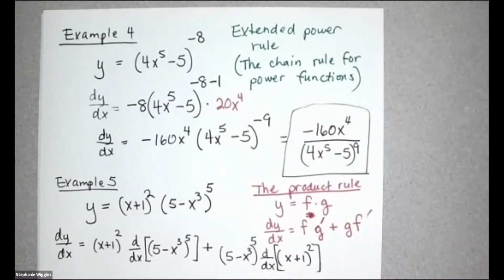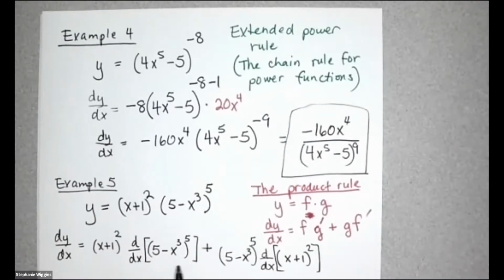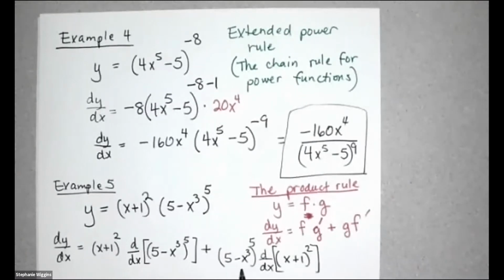Okay. So let me review that. I'm applying first the product rule. The first function times the derivative of the second plus the second function times the derivative of the first.